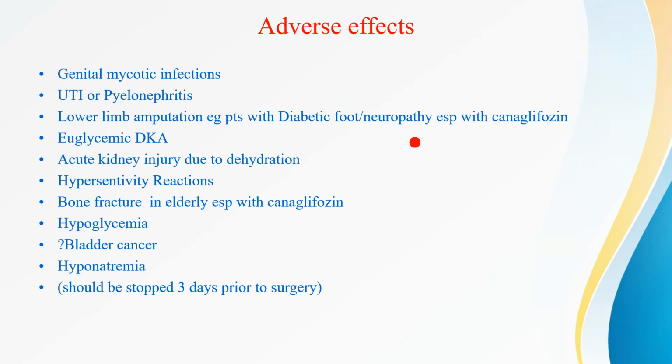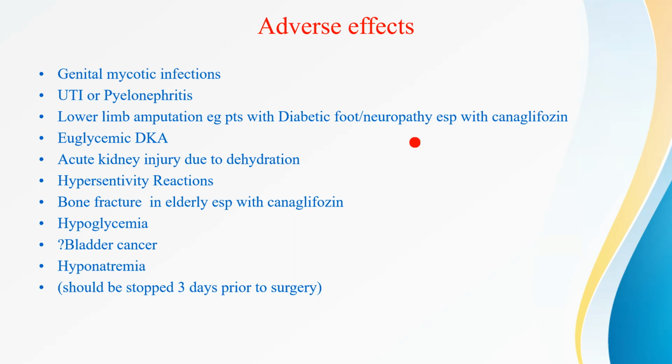Acute kidney injury is seen in patients, especially because of dehydration. We can give them in a volume overload state, but we have to avoid dehydration because it will lead to acute kidney injury. Hypersensitivity reactions are seen in few patients. Bone fractures because of falls are especially seen in elderly patients and patients who are on canagliflozin.